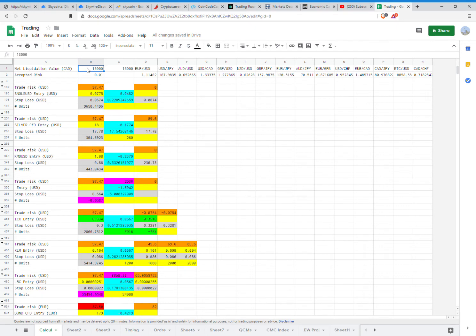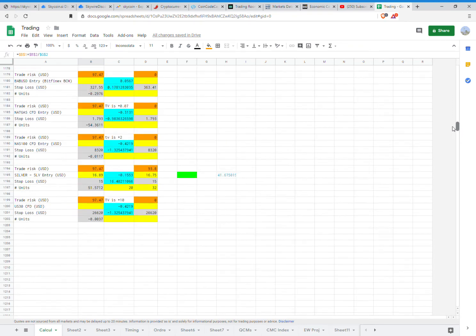So 13K, 1% of that, and then converted from USD to CAD with the GDO cell. So this is to say that 130 Canadian is worth 97 and some odd US dollars. So let me go back to the bottom here.